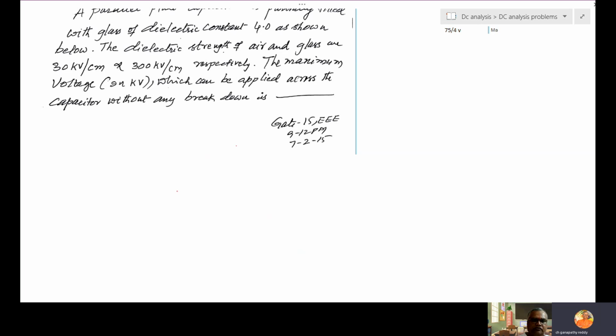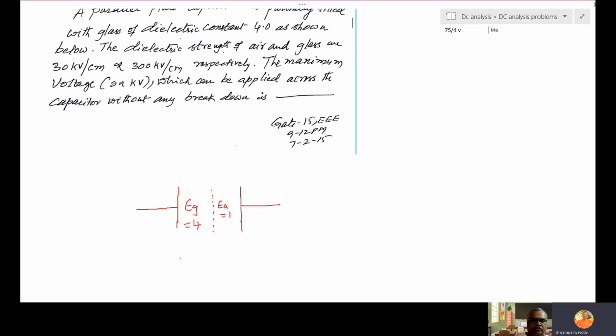It is given like this. The air is anyway 1.